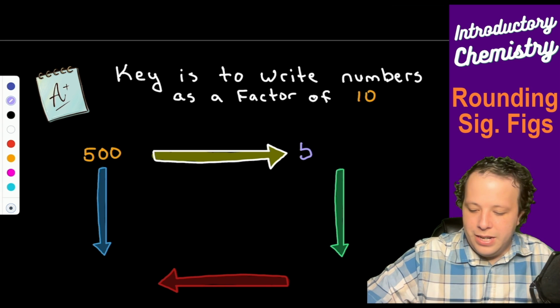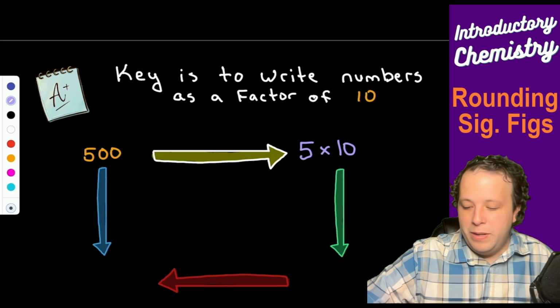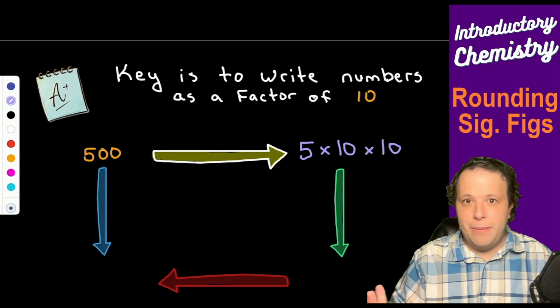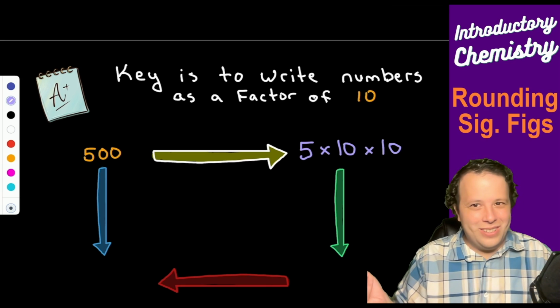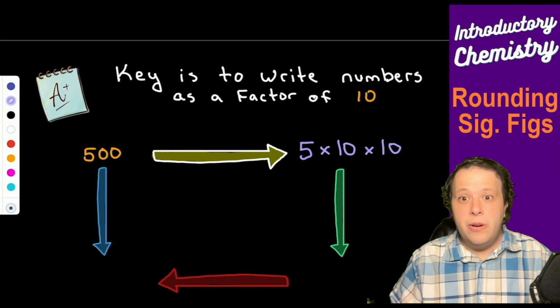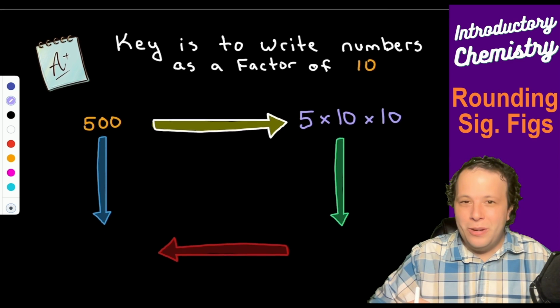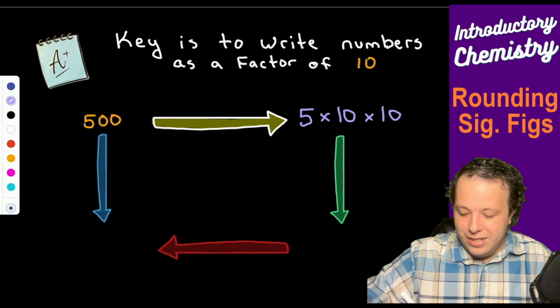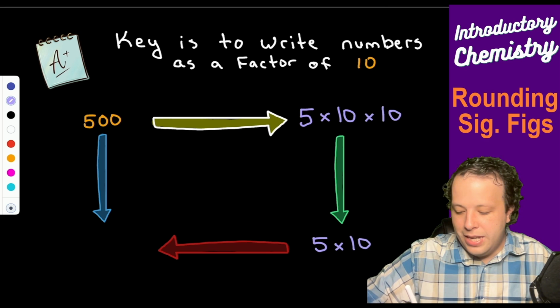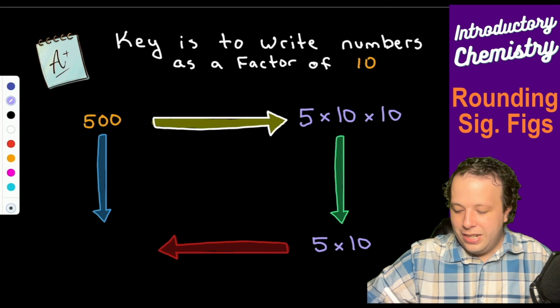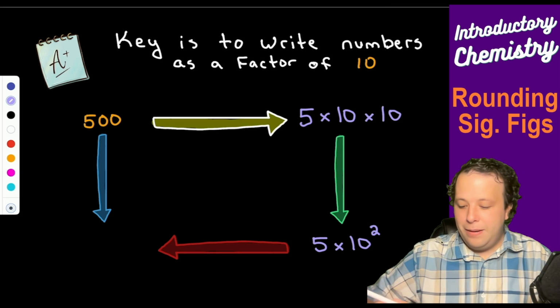Think about it that way. If I take 5 times 10, which would be 50, and I multiply that by 10 again, that would be equivalent to 500. Now, do I have to write all these numbers out times 10 times 10? No, this is what exponents, or powers, are for. Since there are 2 of those 10s, we can say 5 times 10 to the second power.